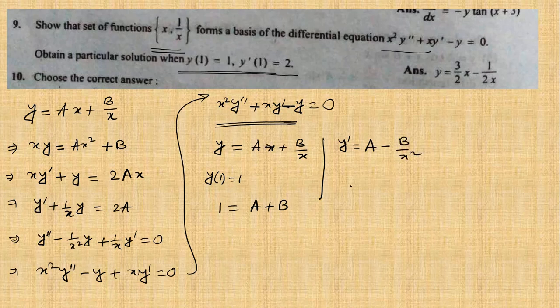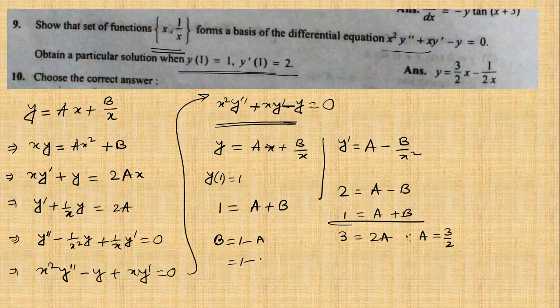Put here y prime equal to 2, so 2 equals a minus b. Put here 1 equals a plus b. So 3 equals 2a, so a equals 3 by 2. Put the a value anywhere, you will get b equals 1 minus a, that is 1 minus 3 by 2, that is minus half.